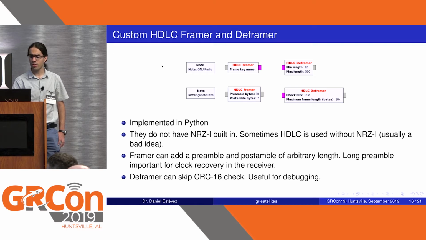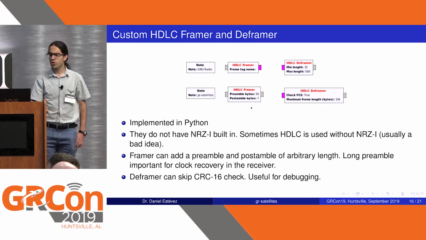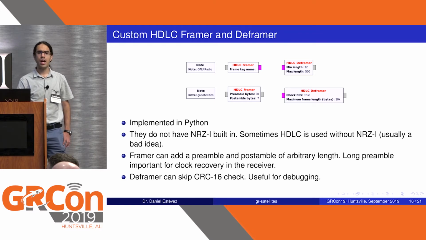So this is a comparison: on the top row there are the blocks from GNU Radio, and on the bottom row, we have the blocks from GR satellites. And the main differences are that on the framer, in GR satellites, you are able to specify how many preamble bytes or flags you want, these 7E, the famous HDLC flag, and how many postamble bytes you want.